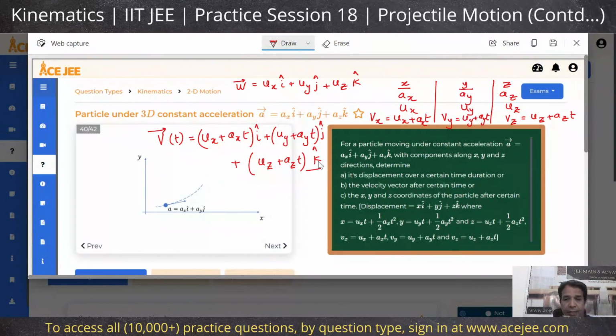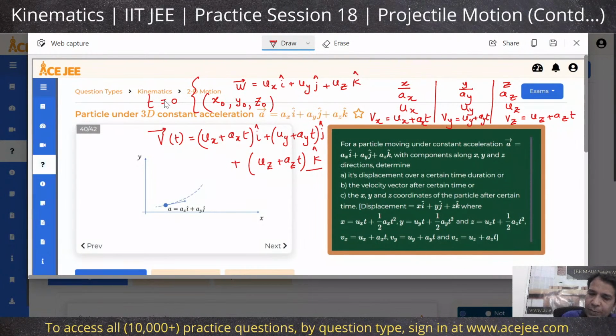Now let's say you've been given that the particle is at the coordinates x0, y0, z0 at time t equals to 0. Then the question might say, what will be the new coordinates, or what will be the position vector after time t?